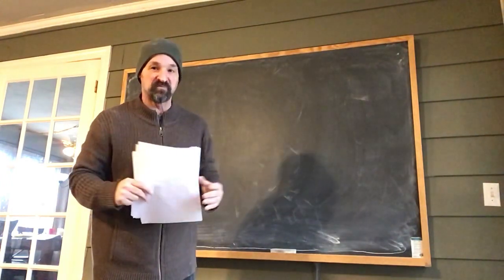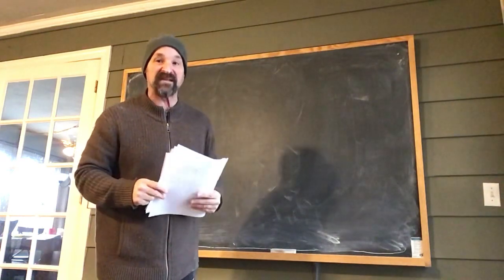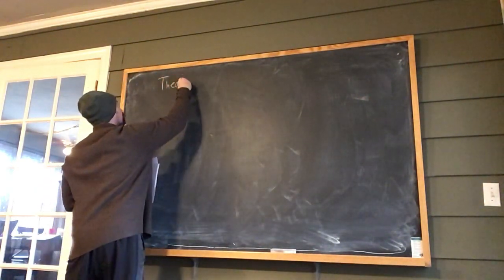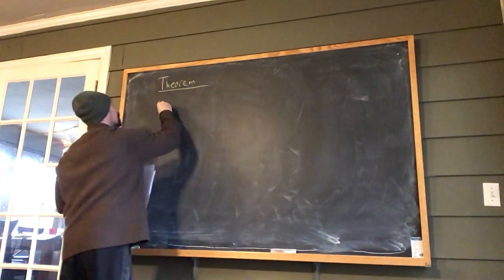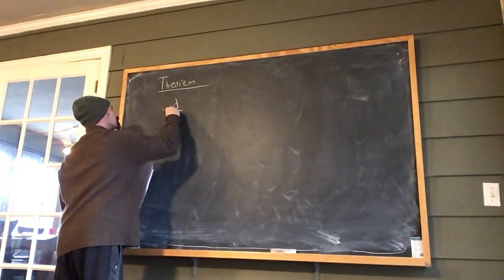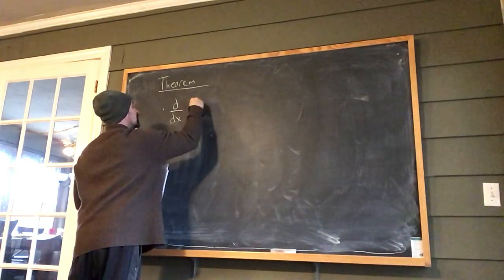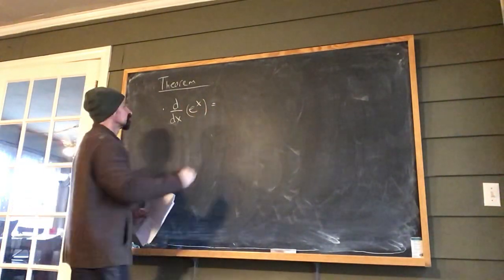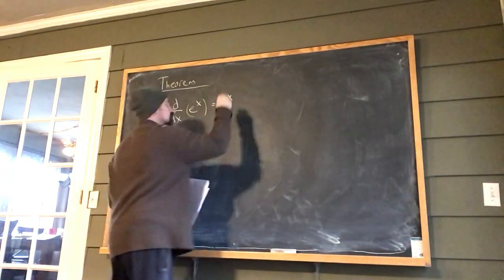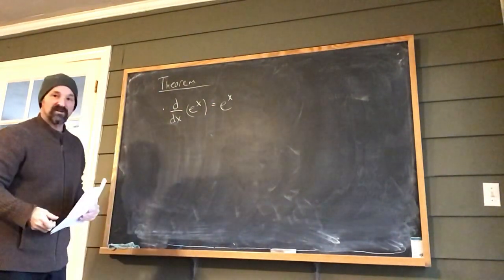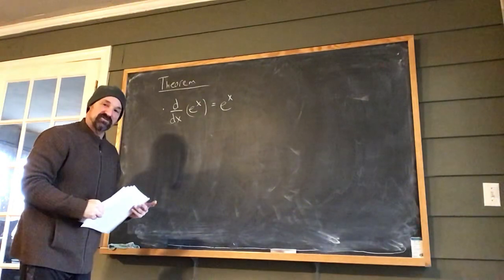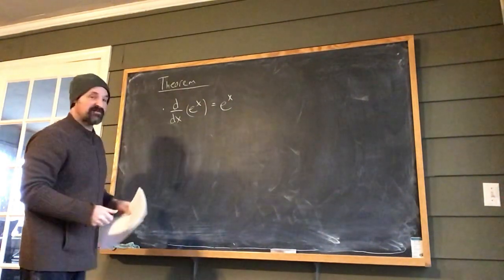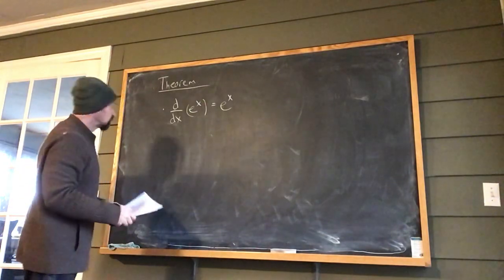Well, here's a reason why we like base e in calculus. The derivative of e to the x is e to the x. So the exponential function whose base is e is its own derivative. Real easy to differentiate that exponential.